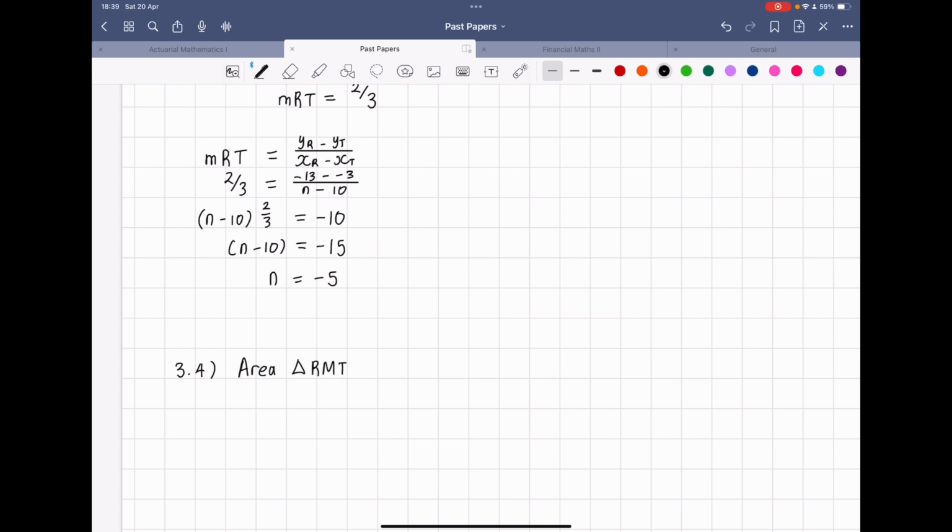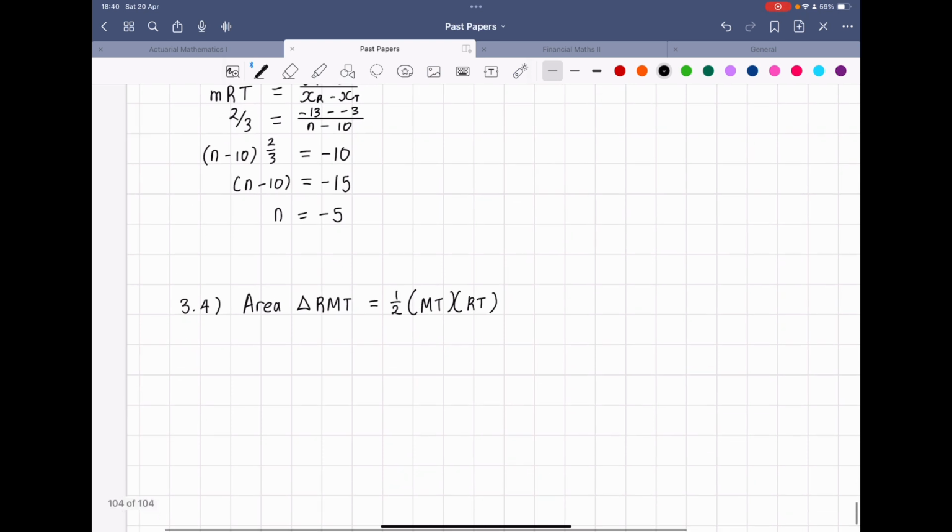Since this is a right angle triangle, I'm just going to use the half base times height formula. So it's going to be half. The base here is MT and the height is RT. Then I'm going to have to find the value of both of these, the MT and the RT, and I can do that by using the distance formula.